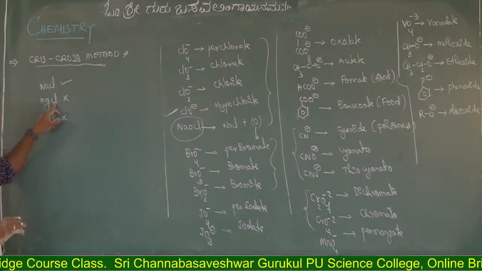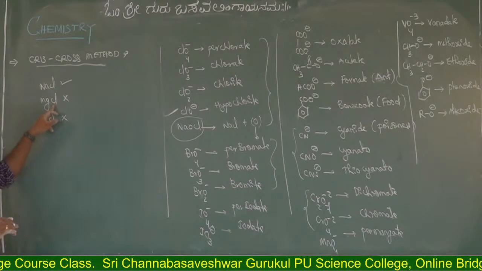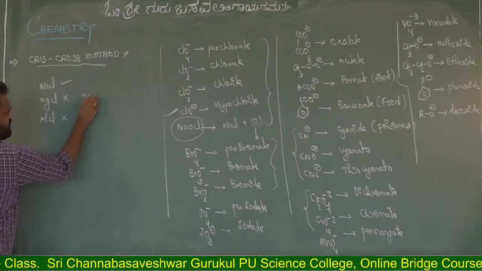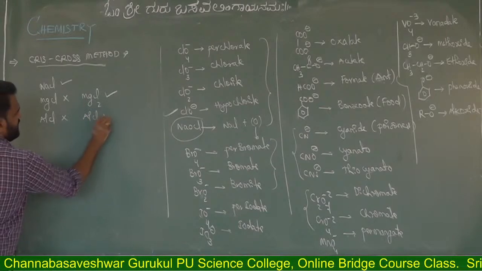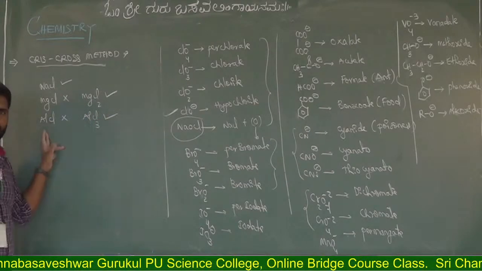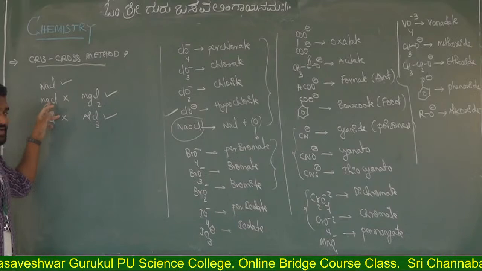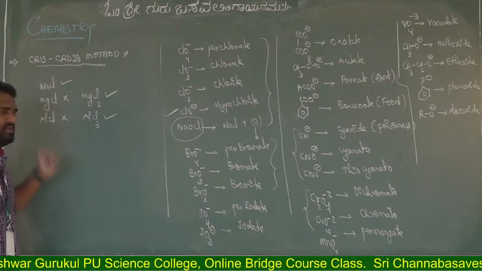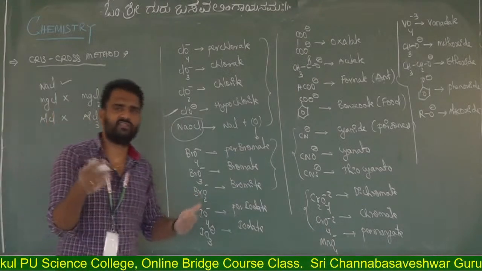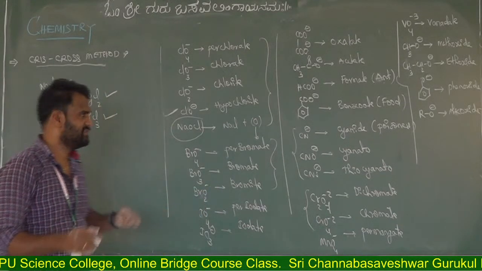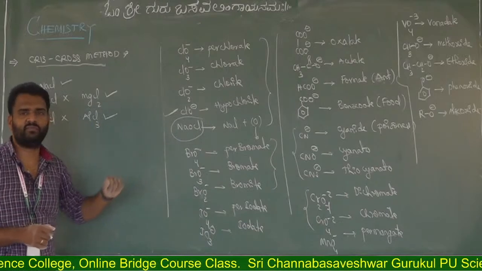For magnesium chloride, MgCl is wrong; you have to write MgCl2. If you write AlCl3, it will be right. Some students used to write magnesium chloride as MgCl when the teacher asked for ionic compound formulas.